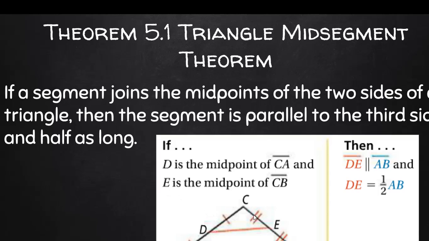These two here, and E is a midpoint of CB because these two sides are marked congruent. So D is a midpoint of AC and E is a midpoint of BC. When this happens, the line that's created is called our midsegment, and therefore it is going to be parallel to the third side, and it's also going to be half as long.